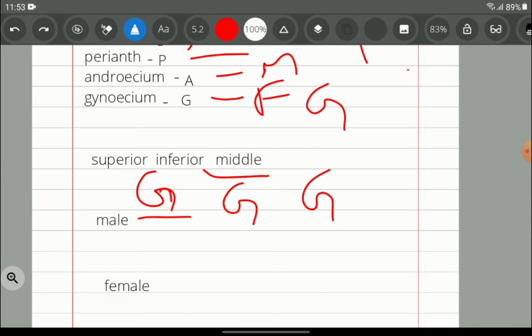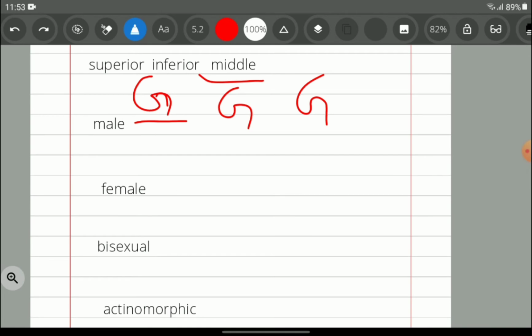That's all. Okay. Then comes to the male and female part of the plant. It's not the androecium and the gynoecium, but it's about the male flower and the female flower. As you know, the common symbol of the male is this thing. So if it's a male flower, then you have to write this symbol.